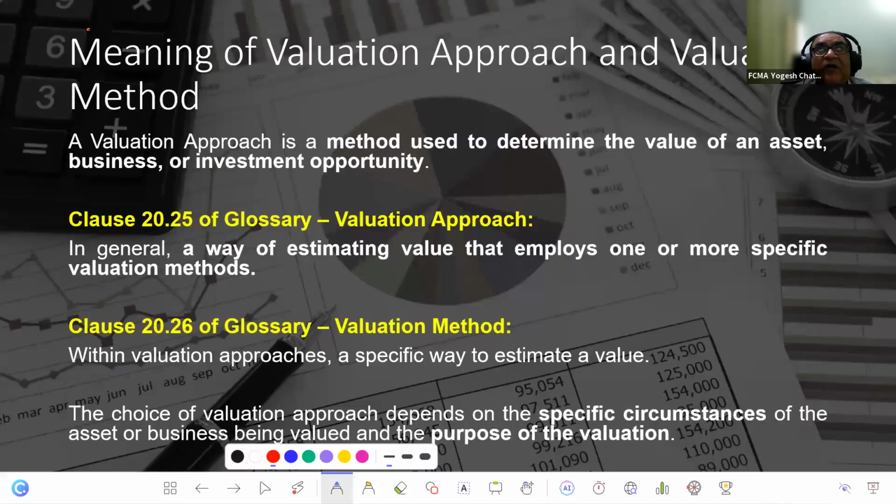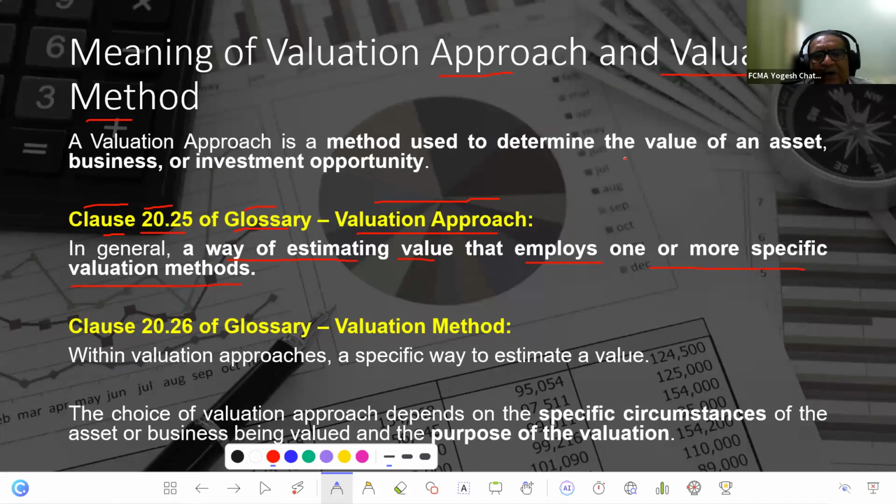Now we will go to our today's topic, that is valuation approach and valuation method. So first, the meaning of that. If we go to the glossary, clause 20.25 provides us the meaning of valuation approach. A valuation approach, in general, is a way of estimating value that will employ one or more specific valuation methods.